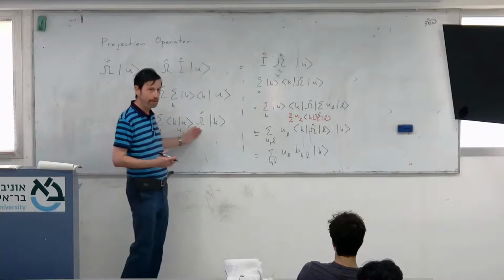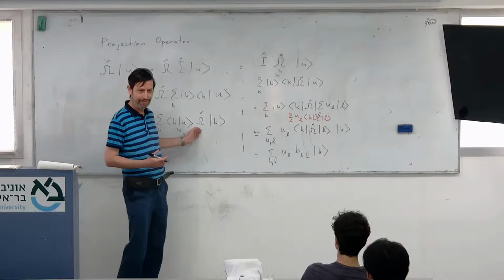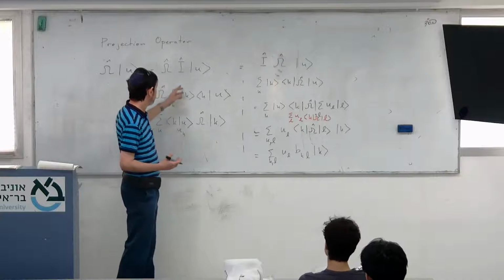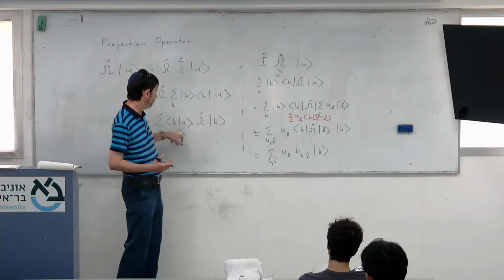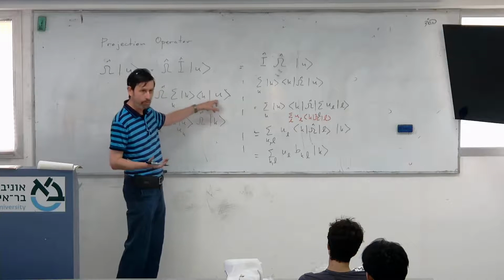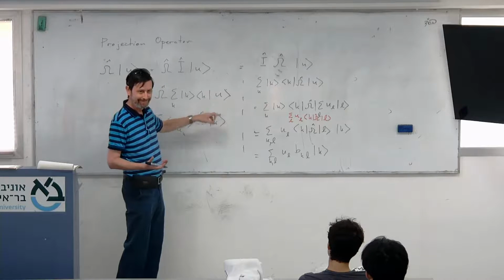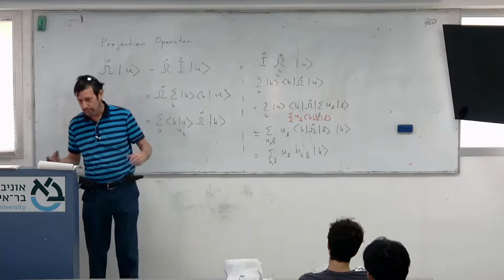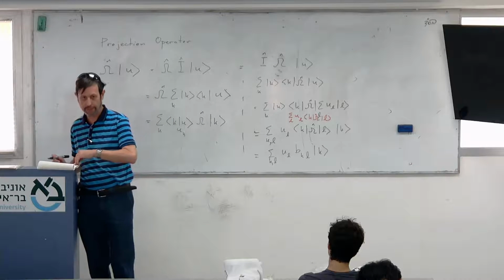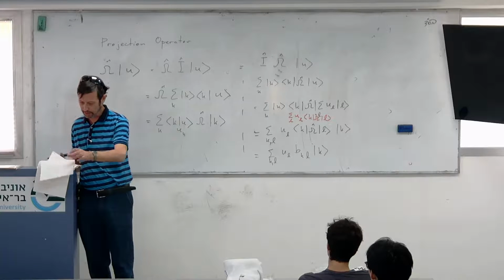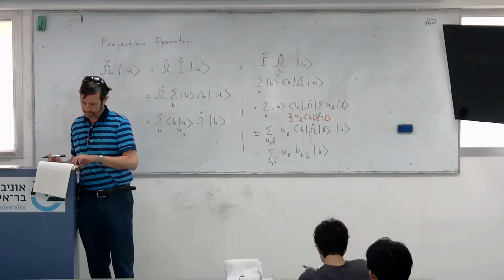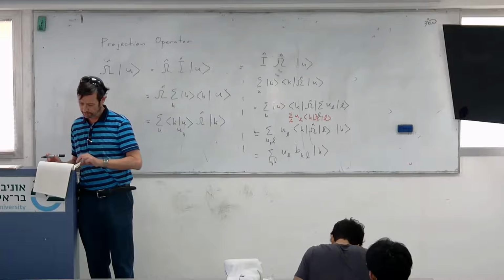The second way is more intuitive, which we actually have seen. This is just writing u as u_k times k and moving on. So what is the conclusion?